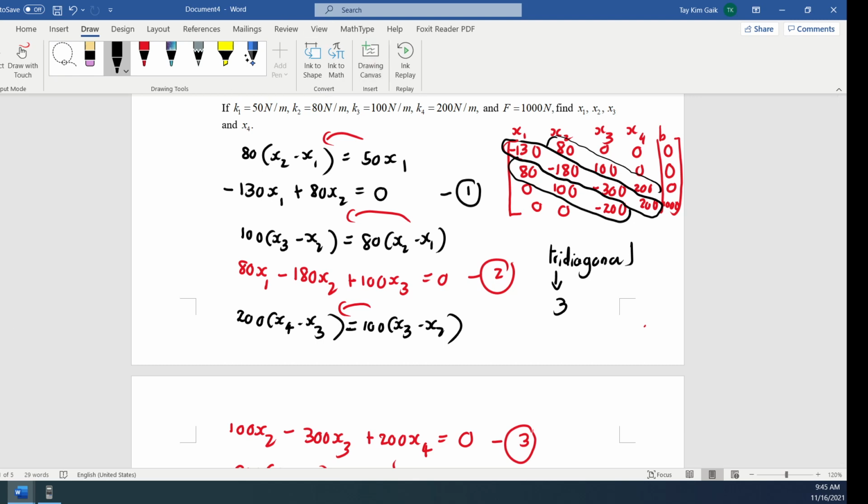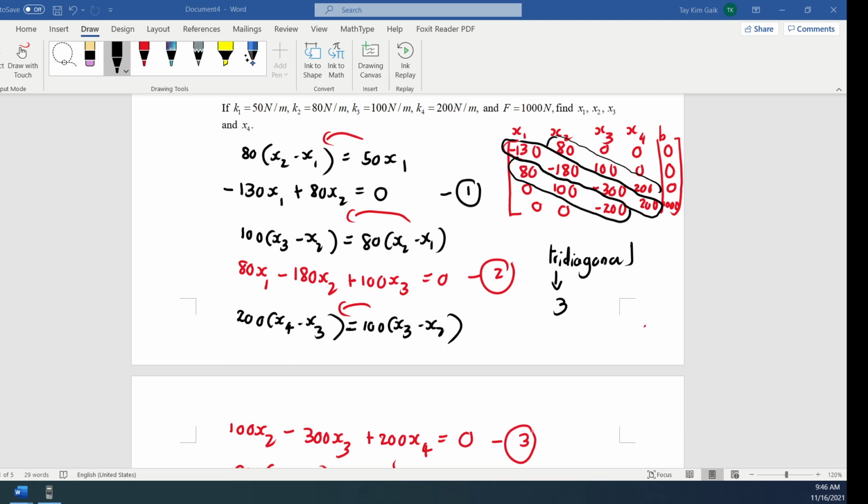Which method? Anyone type it to the chat. Thomas, correct. Yes, correct. Tridiagonal, you can solve it using the Thomas method. Of course, any linear system you can solve using Gauss elimination method.